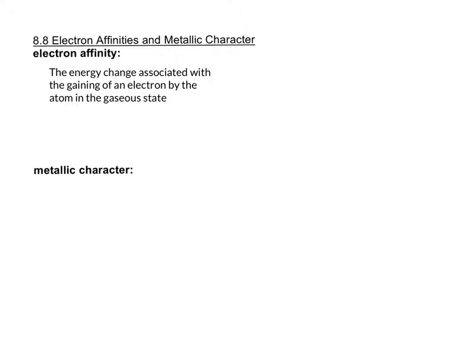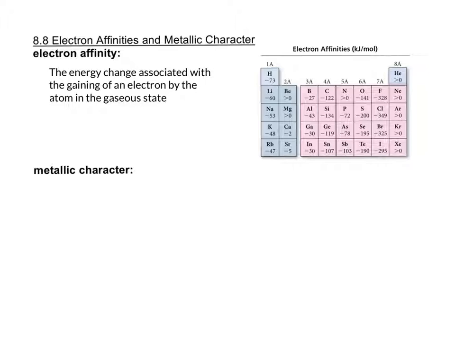So the trend in electron affinity is not super regular, but what you can generally see is that things that are more electronegative, like fluorine, tend to release more energy when they gain an electron versus things that don't have that same effect.